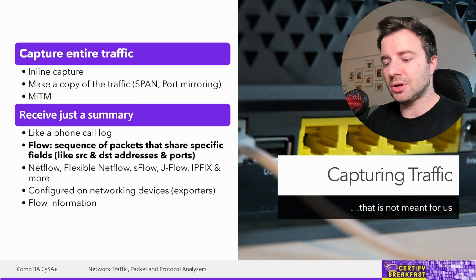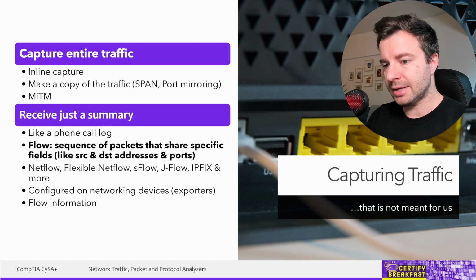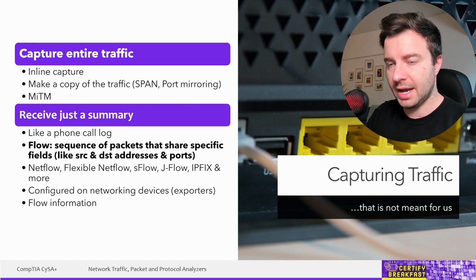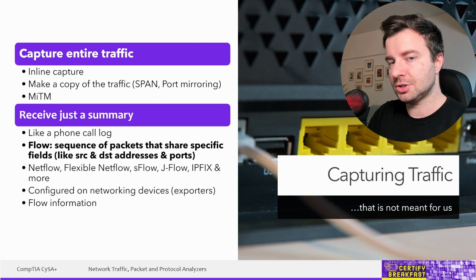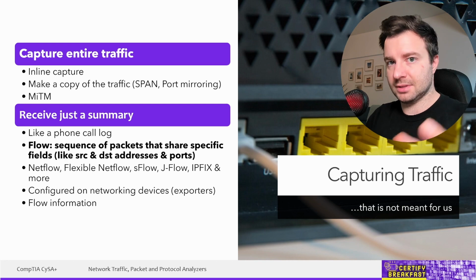Now, of course, since we're talking about summarizing the network traffic, we need the networking devices to help us do this kind of summary. So NetFlow, as a generic term for all these flow technologies, has to be implemented on the networking device itself. That is most likely the access switch that connects these servers or workstations to the network, or the aggregation switch that aggregates all these access connections.